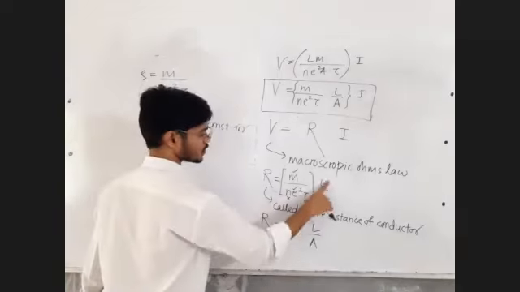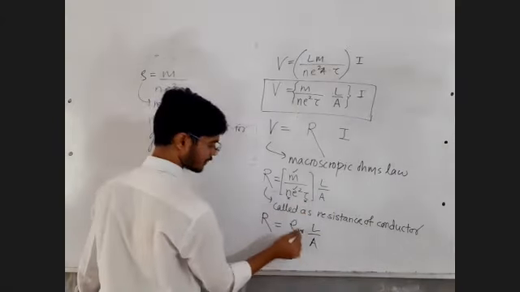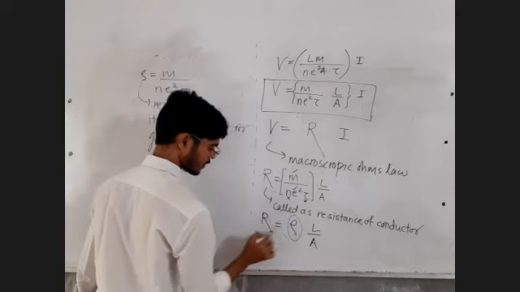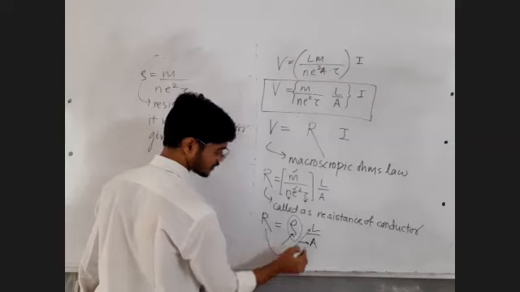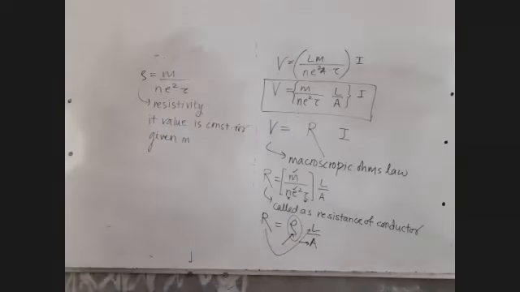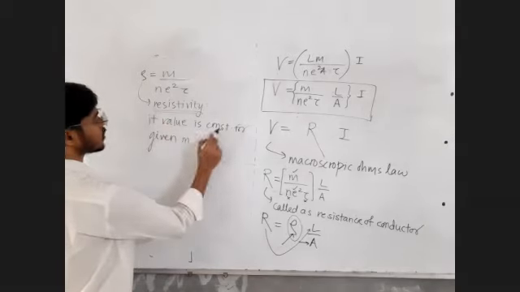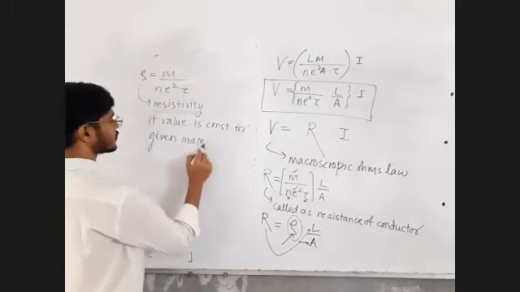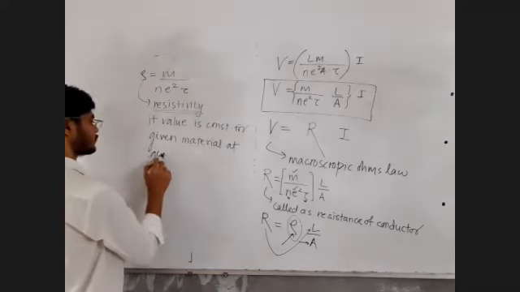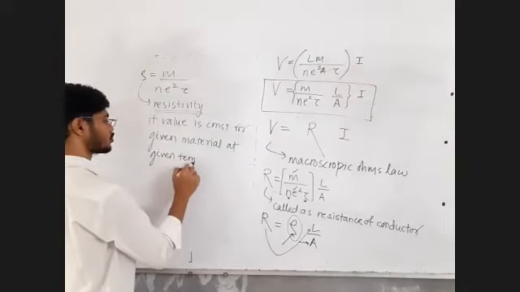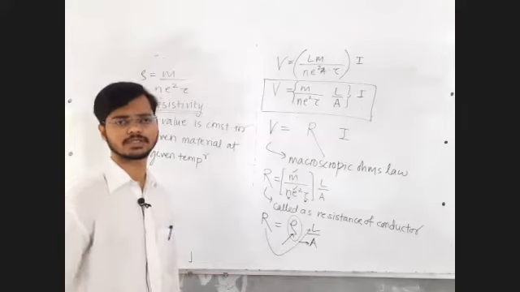Resistance depends on dimensions L and A, but resistivity is a property of the material, and resistance is a property of the material as well as dimensions. Its value is constant for a given material at a given temperature. So for iron at 20 degrees Celsius, resistivity is fixed.